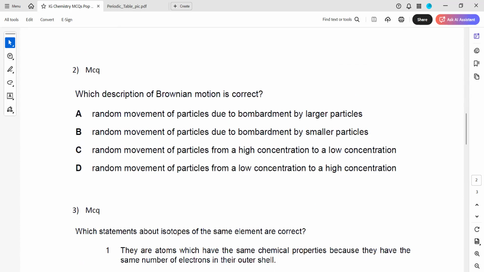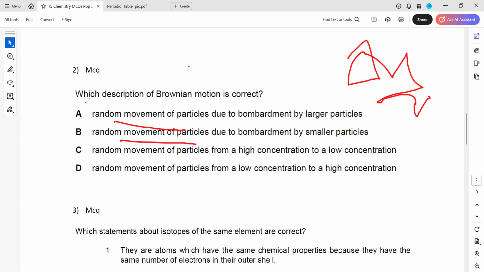Sir, isn't question 2 not in chemistry anymore? Question number 2 is about the random motion or Brownian motion. The term Brownian motion means the random motion of the particles. And why is there a random movement of the particles?